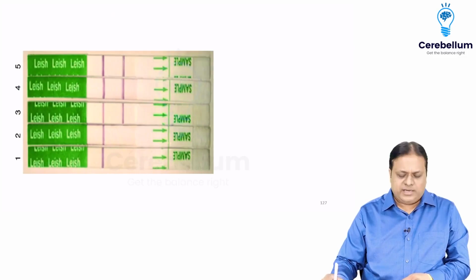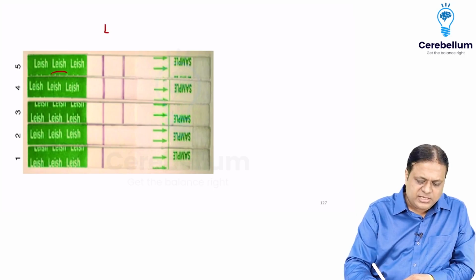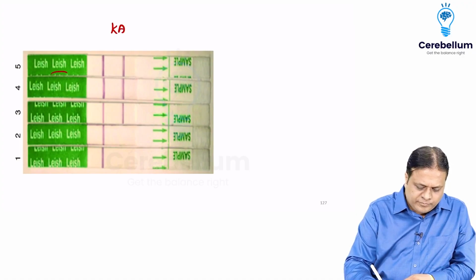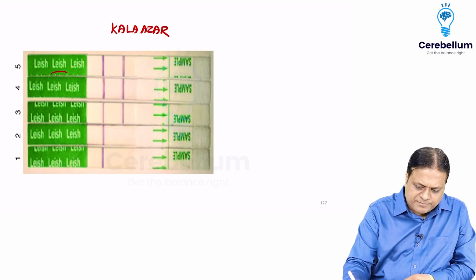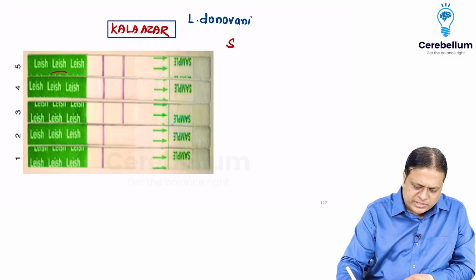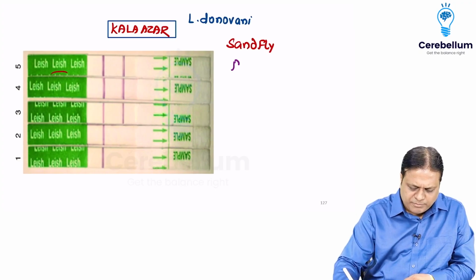We are looking at disease. You can see leishmaniasis, that is Kala Azar. Kala Azar is a disease which is caused by Leishmania donovani, and its vector is the sand fly, biological name Phlebotomus.